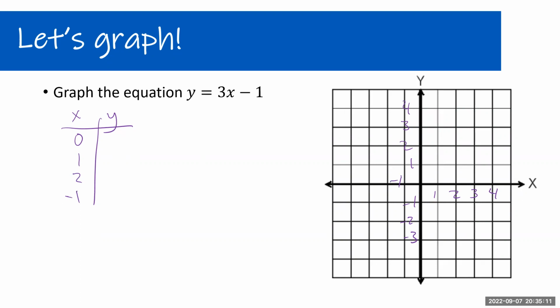Again, you only need 2 points, right? When x is 0, we're going to have 3 times 0 minus 1. So y is going to be 3 times 0 minus 1, which is going to give us negative 1. So we're going to have the point 0, negative 1. So 0, negative 1 is right here. Okay.